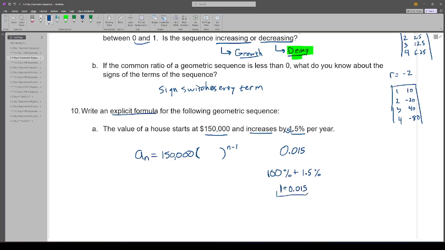It has 1 plus the rate that you earn on your account. So this is how we go from a number that looks very small to actually causing an increase in value, because we have to account for the 100% that we already had. We're not losing that. We still have it. We're getting an extra 1.5%. So that would be 1.015 here.